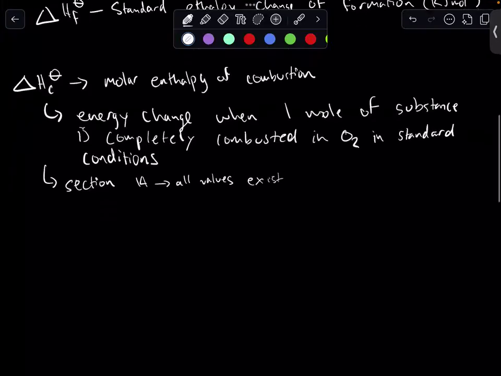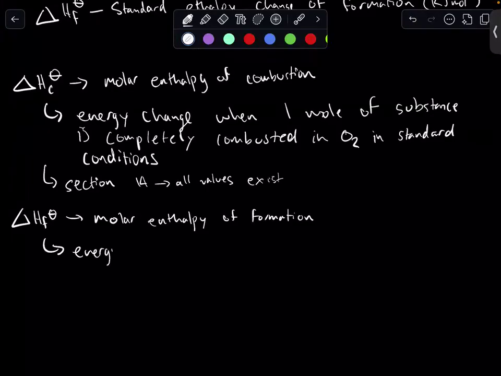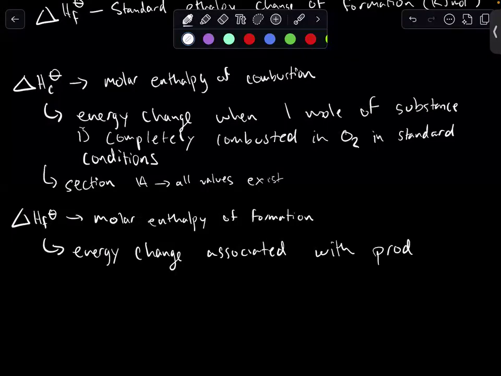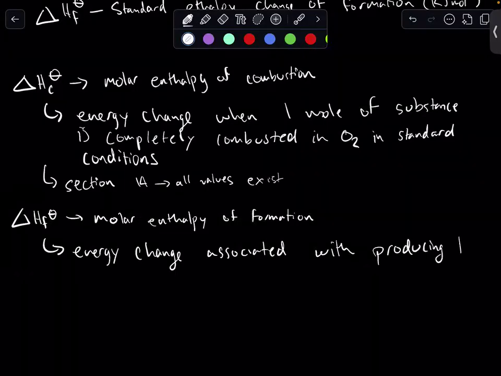Now, the other one we're going to go over is delta HF, formation, which also has the same naming convention. We can also call it the molar enthalpy of formation. This definition's a little bit trickier, because this is the energy change associated with producing 1 mole of substance, or forming 1 mole of substance.